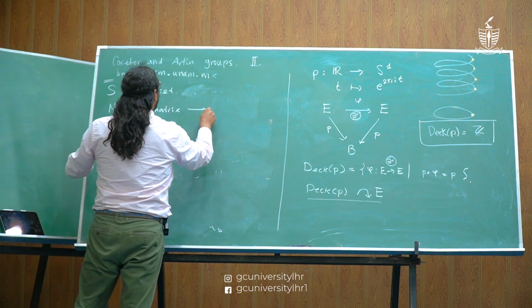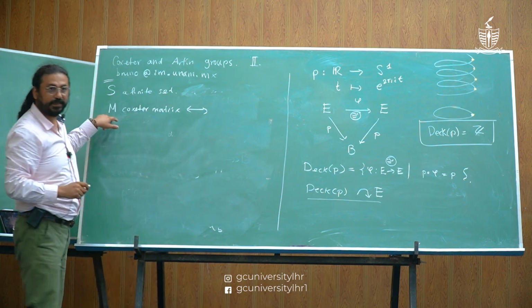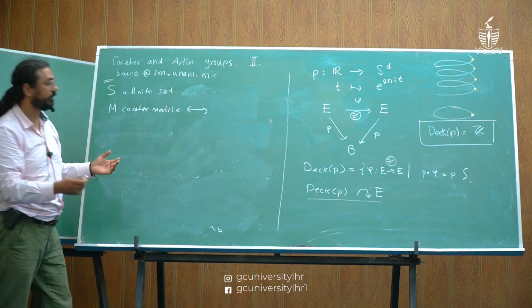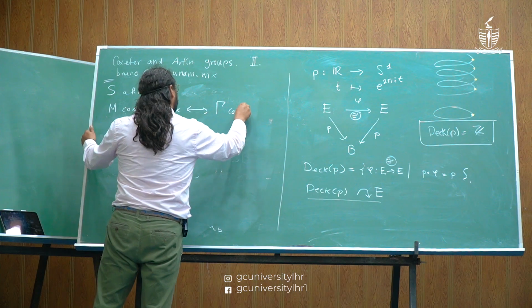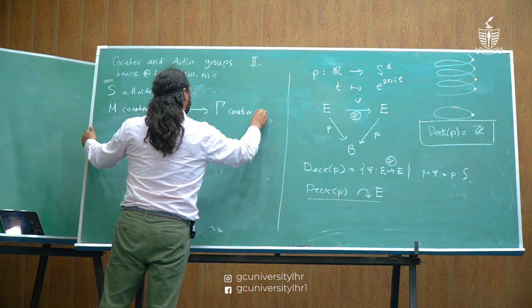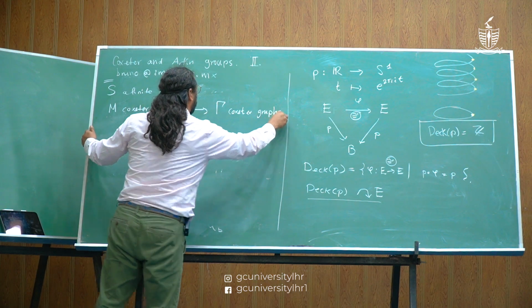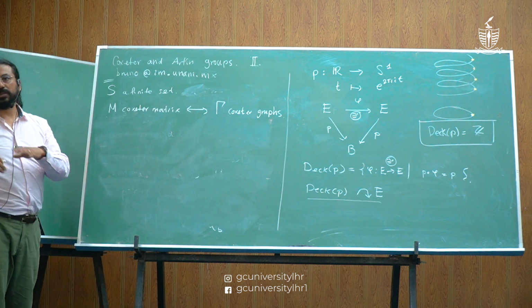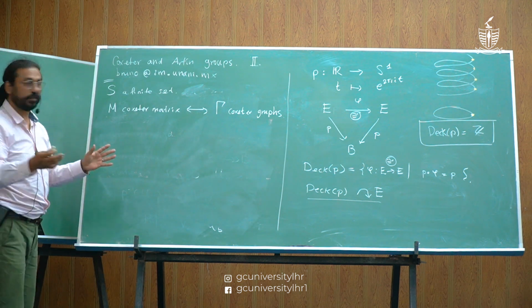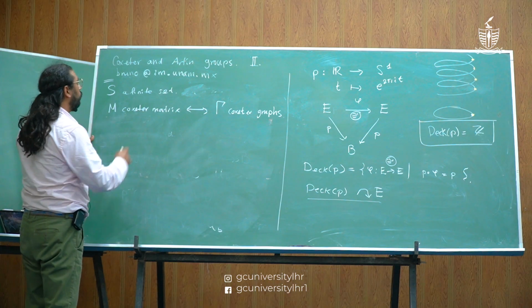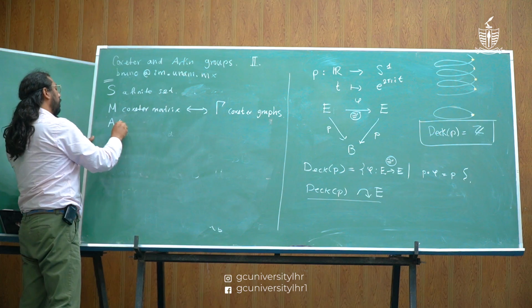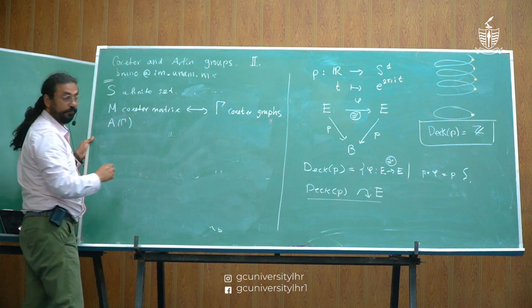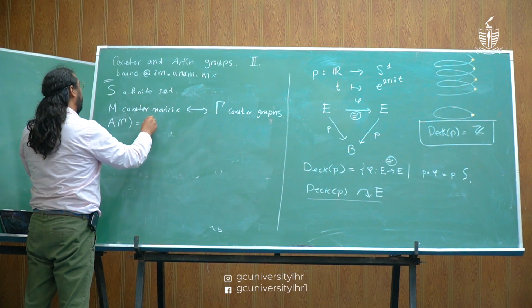And we say that these Coxeter matrices are in bijective correspondence with what we call Coxeter graphs, right? So I can speak about Coxeter matrix or Coxeter graphs, it doesn't matter. And with this, we define the Artin group.